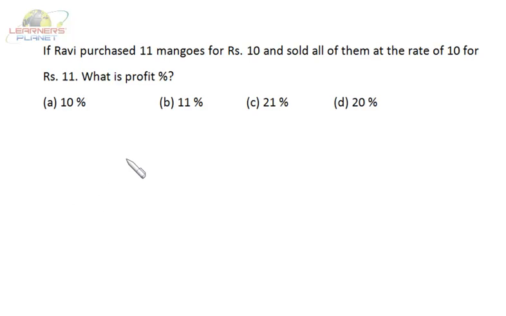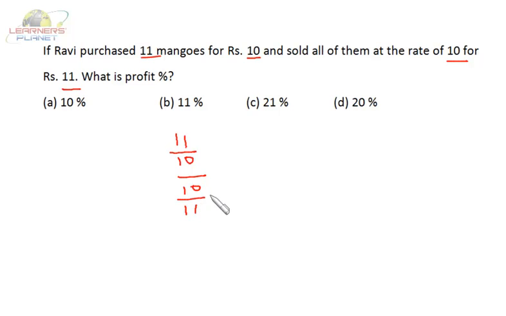Now let's see this question. If Ravi purchased 11 mangoes for rupees 10 and sold all of them at the rate of rupees 10 for 11, what is the profit percent? Further, we can find out the SP and CP ratio. Selling price for one mango is 11 by 10, and cost price of one mango is 10 by 11.